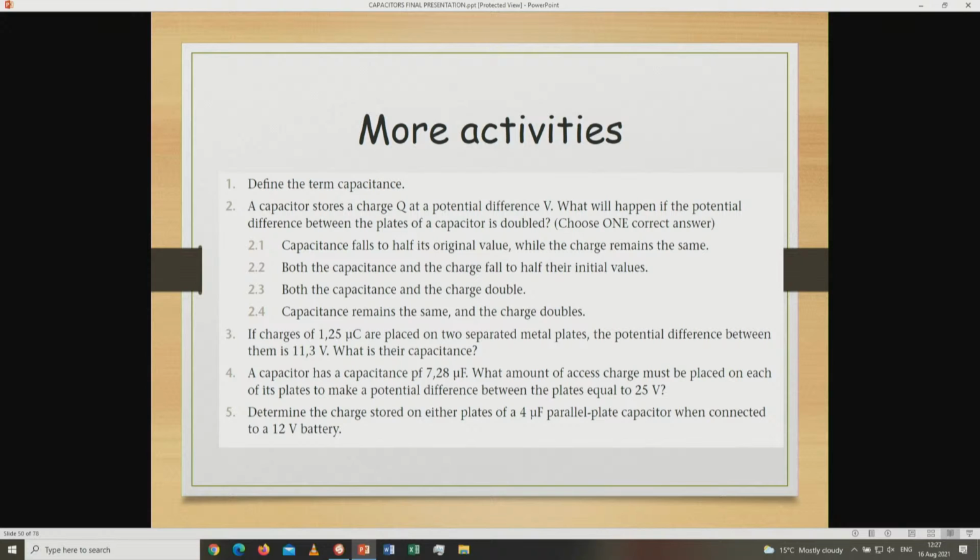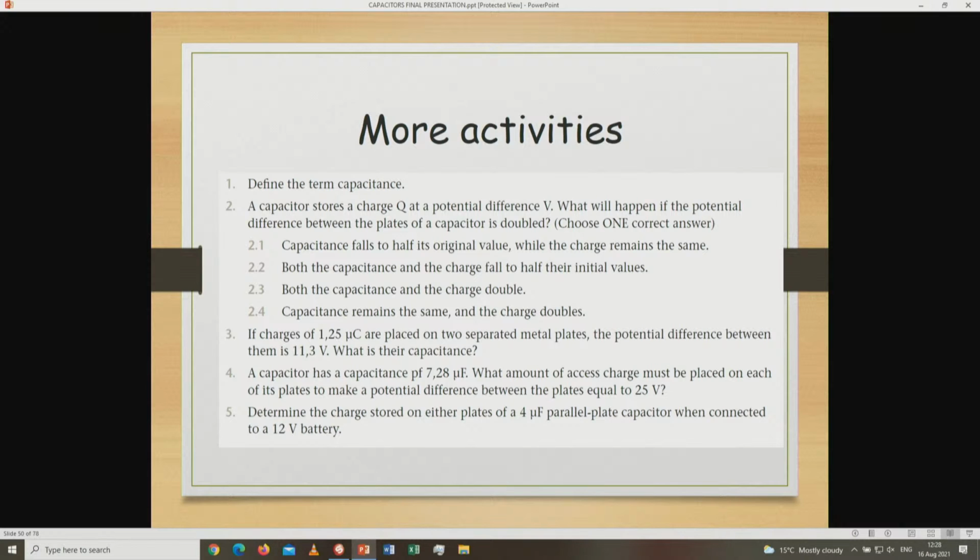C equals Q over V. We are given capacitance of 4 microfarad, so it's 4 multiplied by 10 to the power negative 6, equaling Q divided by 12 volts.